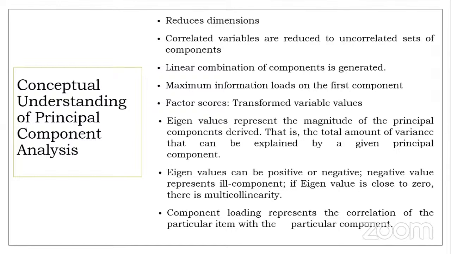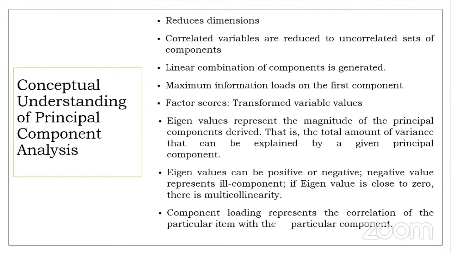So we have 20 different correlated variables with us, and when we apply PCA, it will help us reduce this entire data set to 4 uncorrelated components, or 5 components or 3 components or whatever. But each of these components will be uncorrelated with each other.